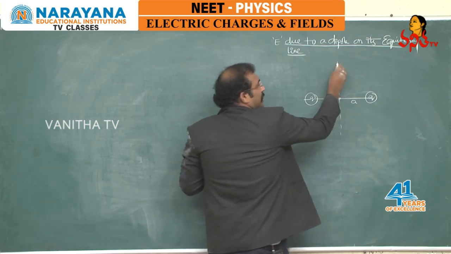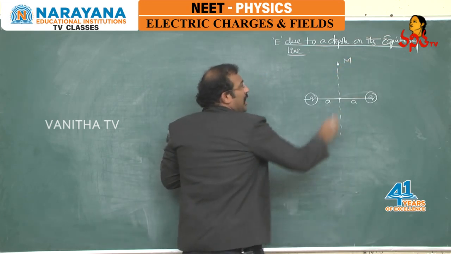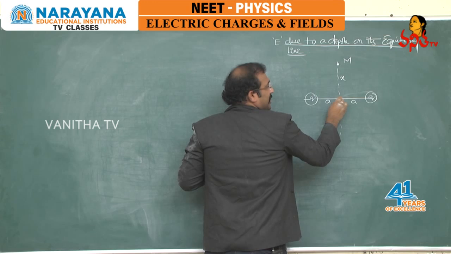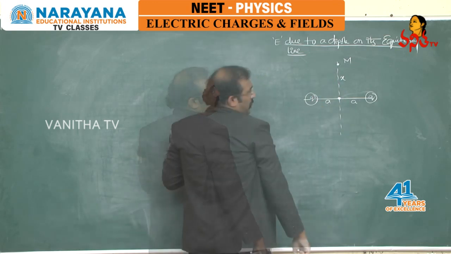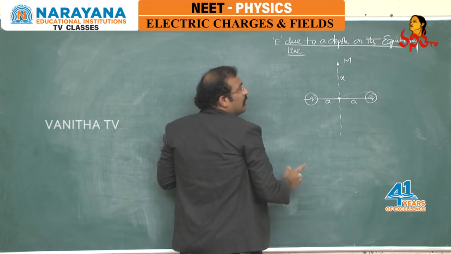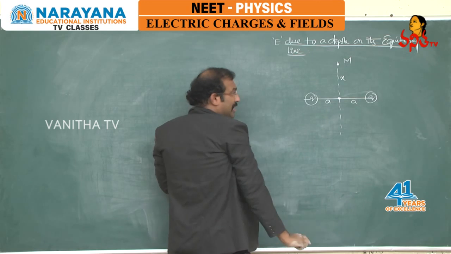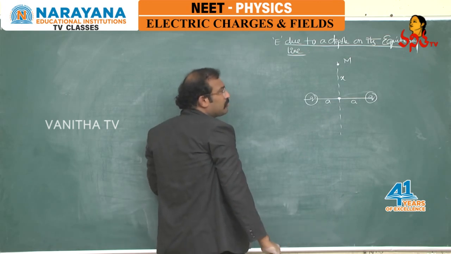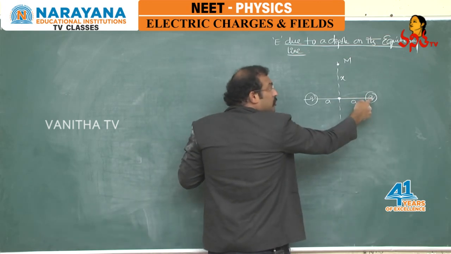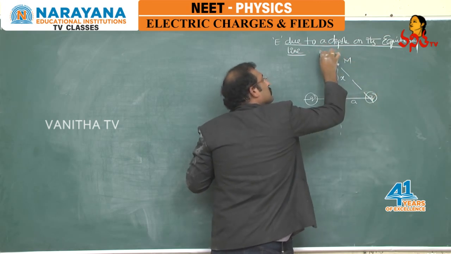Now consider a point M at a distance x from the center of the dipole. The net electric field due to this dipole at this point on the equatorial line is given as follows. Electric field due to the positive charge is away from the charge, like this.